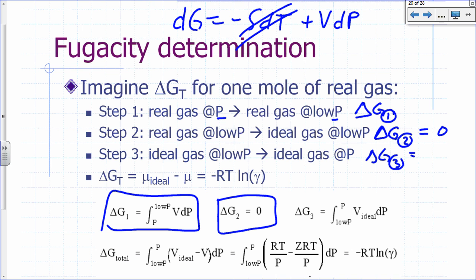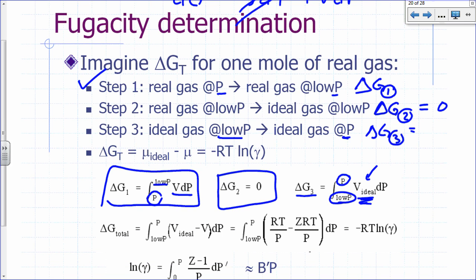So this is the integral of VdP from pressure P to our low pressure. That's step 1. Delta G3 for step 3 would be the integral from low pressure to pressure P of VdP. But this time the gas is ideal, so we write V ideal over here. Okay, so that's the total delta G.